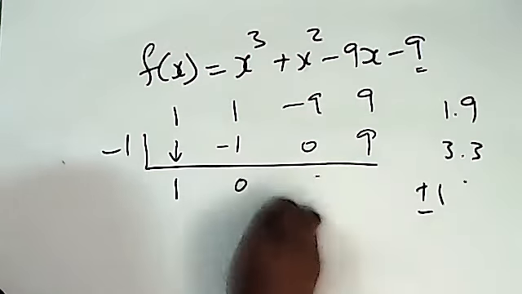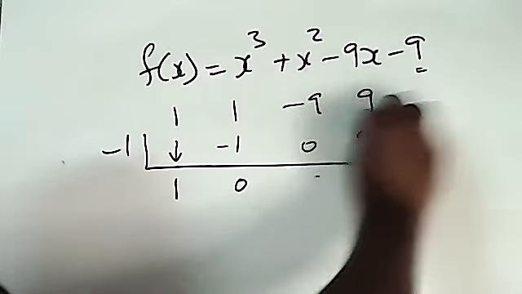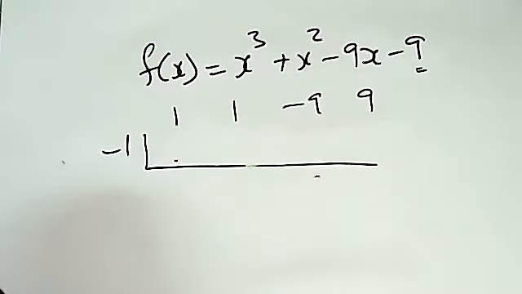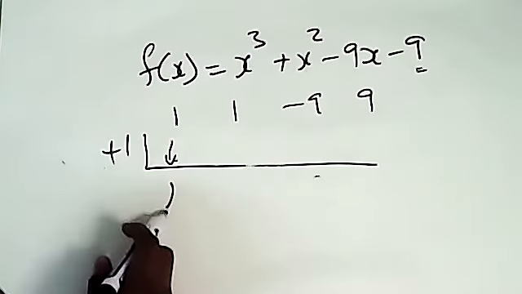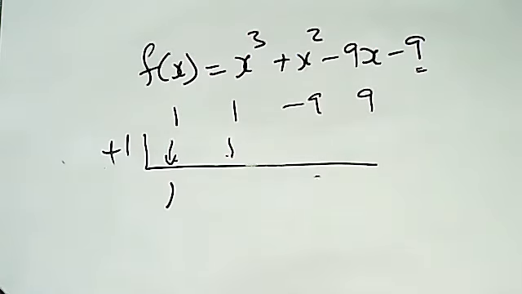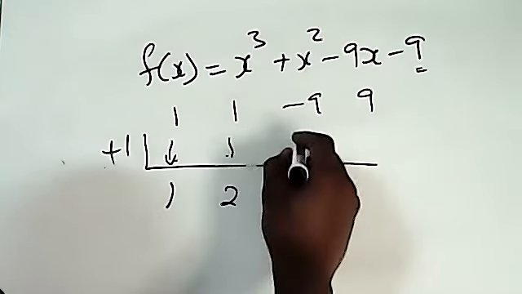So what do you do? Since it's trial and error, you erase everything. Now we exchange and we start with what? With plus 1, right? So you drop the first one, plus 1 multiplied by 1, that will give you 1, and then 1 plus 1, that will give you 2, right? So 1 multiplied by 2, that will give you 2.